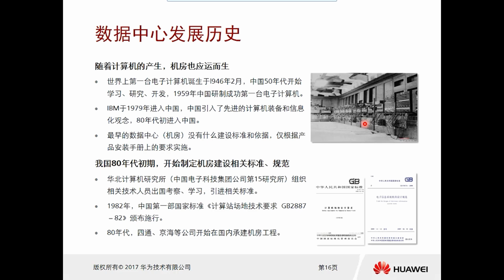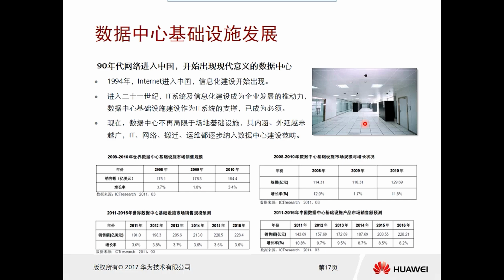Entering the 21st century, with the development of China's economy and the popularization of information technology, the daily life and production of Chinese people are all closely related to the information system, IT systems, and informatization construction. They have all become the driving force for enterprise development.